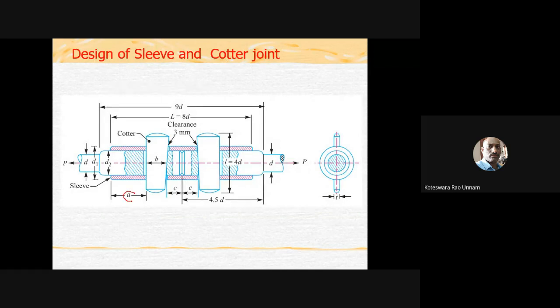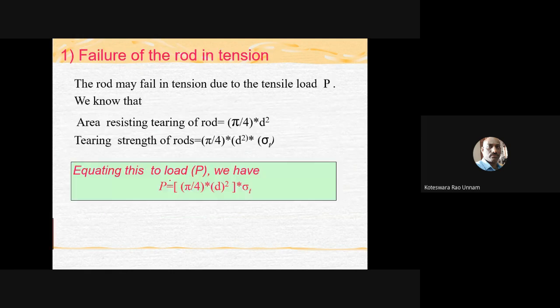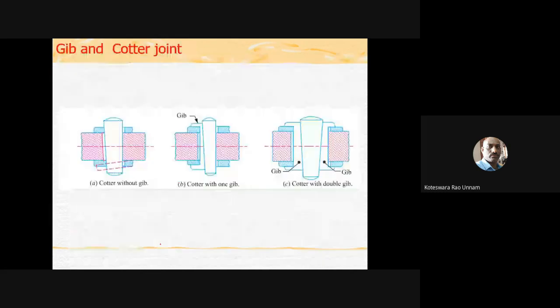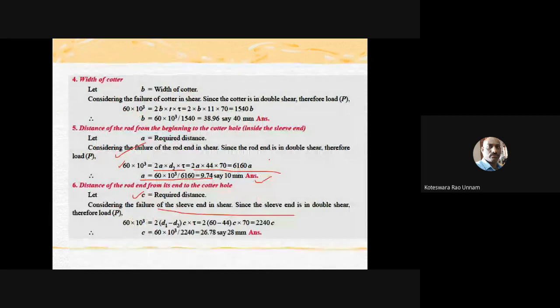Here A is the dimension of the sleeve end, and C is the dimension of the rod end. Maybe he has given it the wrong way. That's why I had a doubt here. So make a correction here: this is the sleeve end, and here it is not the sleeve end, it is the rod end.